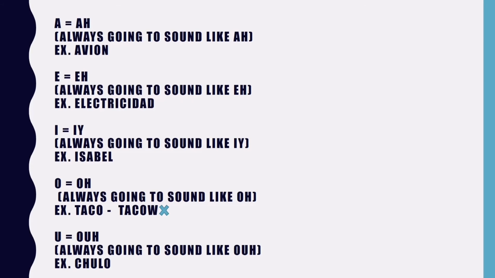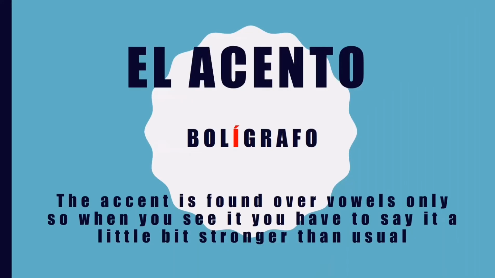The letter U is pronounced U, and it's always going to be pronounced the same in Spanish, such as the word chulo. So if you know how to say A, E, I, O, U in words, you'll be able to pronounce every single word very easily. Now, I don't know if you've noticed, but some words have accents on some vowels. The accent is found over vowels only.